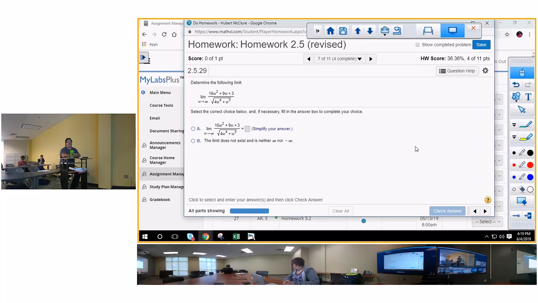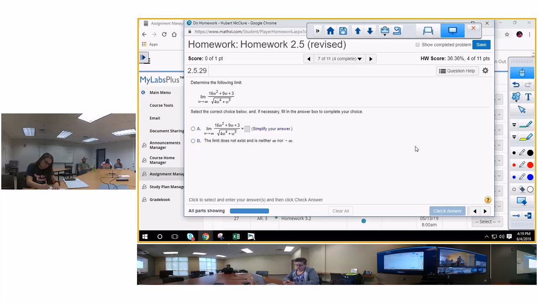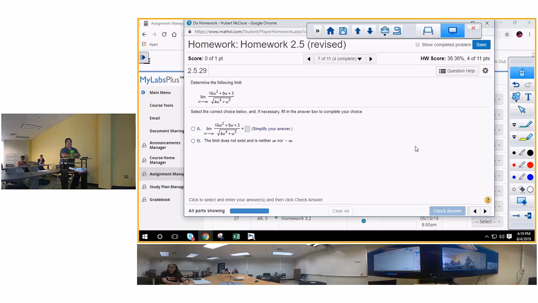What is the square root of w to the 4th? W to the 2nd. So you're going to divide the top by w to the 2nd. You're going to divide the bottom by the square root of w to the 4th, which is just going to cancel it out.